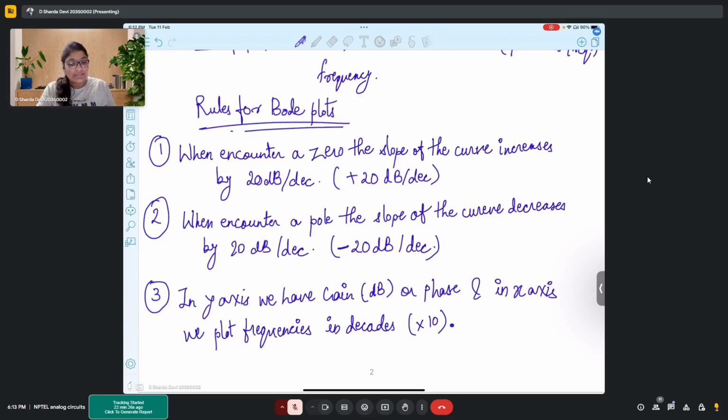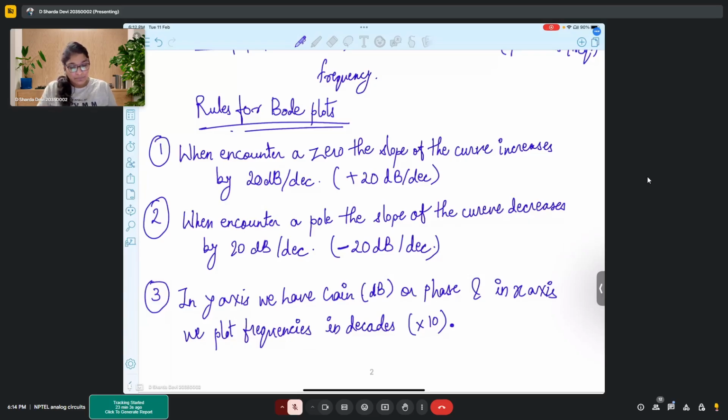So the idea is in this frequency plot or Bode plot, we want to encapsulate the behavior throughout the frequency ranges. And why we plot the y-axis in dBs, the reason being dB means log axis, right? So the log axis helps us to incorporate very small values as well as very large values in a very small range. That is the idea we go for these log axes.